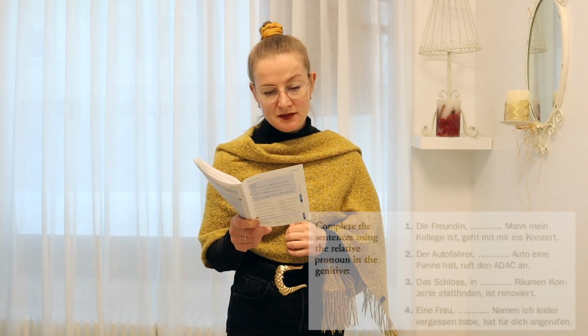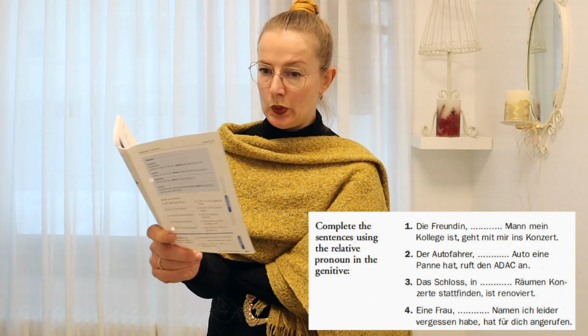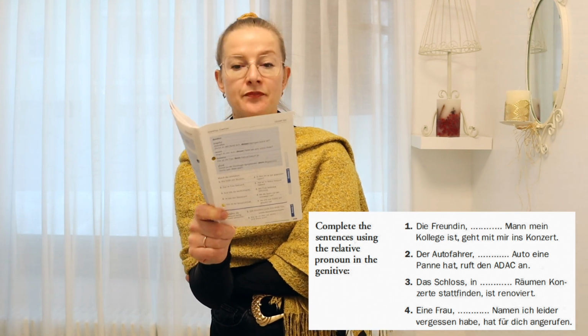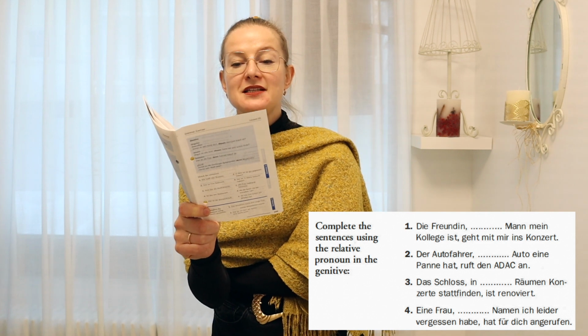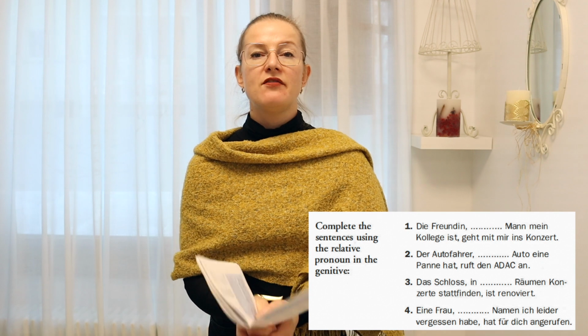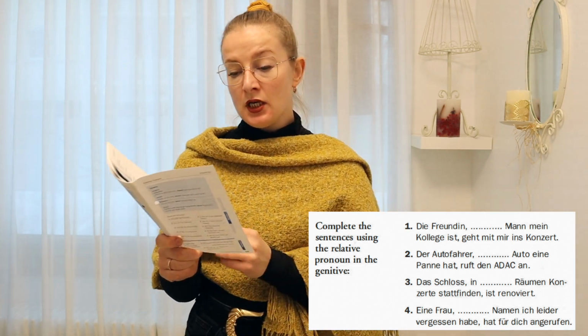Right? And the last exercise for today, complete the sentences using the relative pronoun in the genitive. Ooh. Nummer 1. Die Freundin, deren Mann mein Kollege ist, geht mit mir ins Konzert. Easy. We've just covered those. Dessen, dessen, deren, deren. Right? 2.